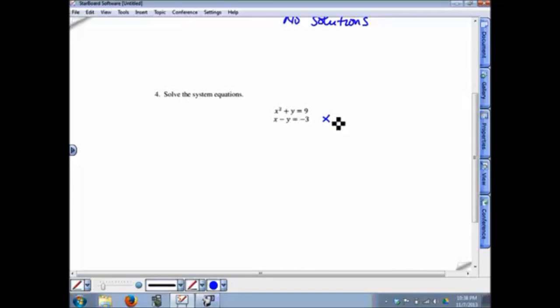So this bottom equation could be written as x equals y minus 3. So if x equals y minus 3, this x here equals y minus 3. So y minus 3 can be substituted in for that x. So instead of x squared, it's y minus 3 squared plus y equals 9.